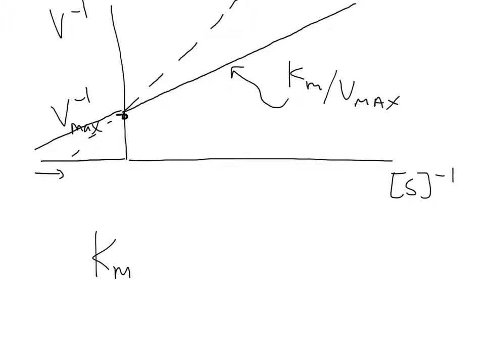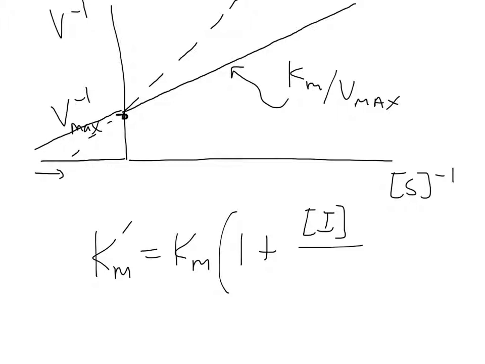So I'll write Km prime for what the apparent Km is, and it's equal to the original Km times a factor which is larger than 1. Okay, that's the factor. And you can see that this factor here is larger than 1, so the apparent Km increases.